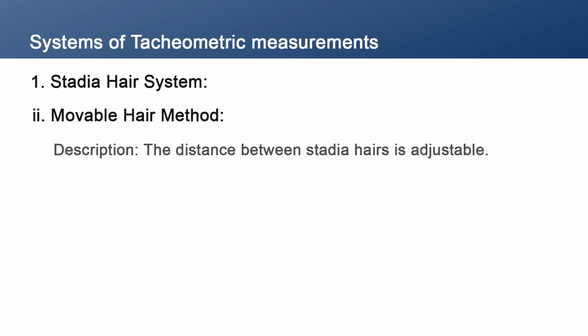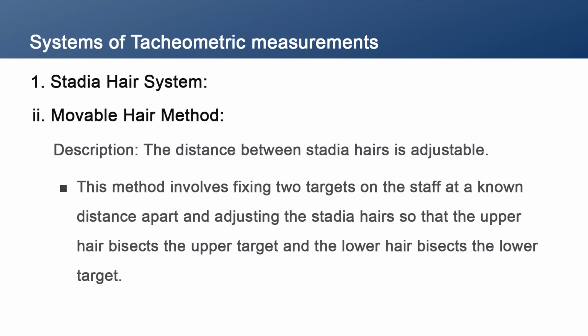In contrast, the mobile hair method keeps the intercept on the leveling staff constant while considering the distance between the stadia hairs to vary. This method involves fixing two targets on the staff at a known distance apart and adjusting the stadia hair so that the upper hair bisects the upper target and the lower hair bisects the lower target.